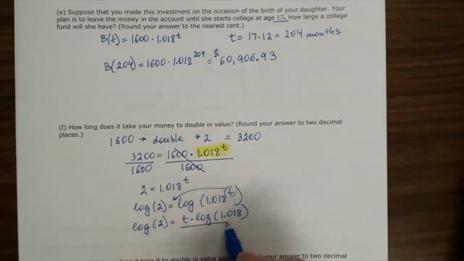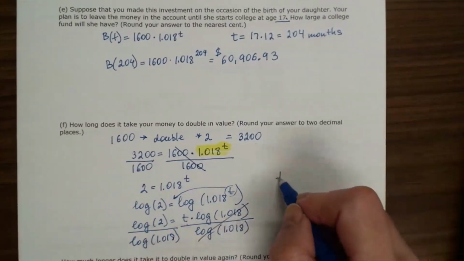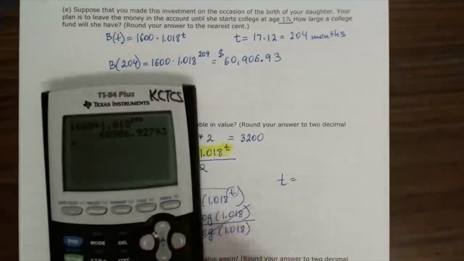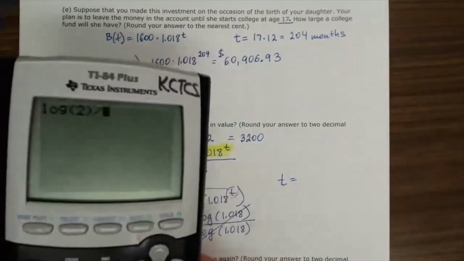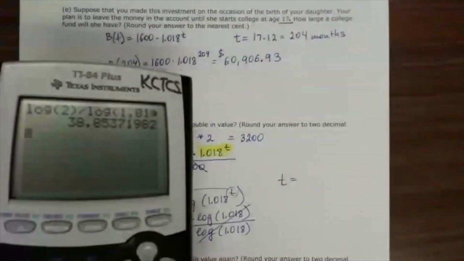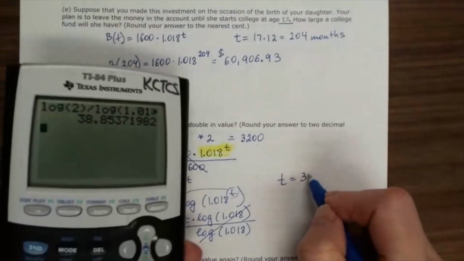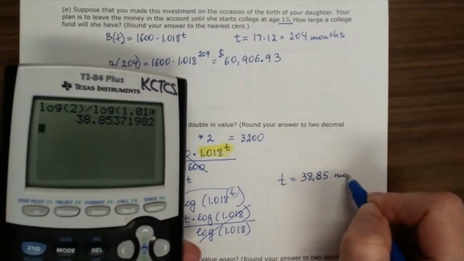To have t by itself, we divide both sides by the logarithm of 1.018. Let's calculate. Logarithm of 2 divided by logarithm of 1.018, and the answer is 38.85 months.